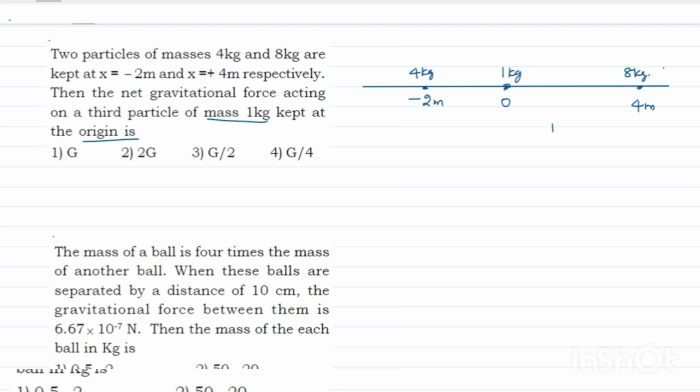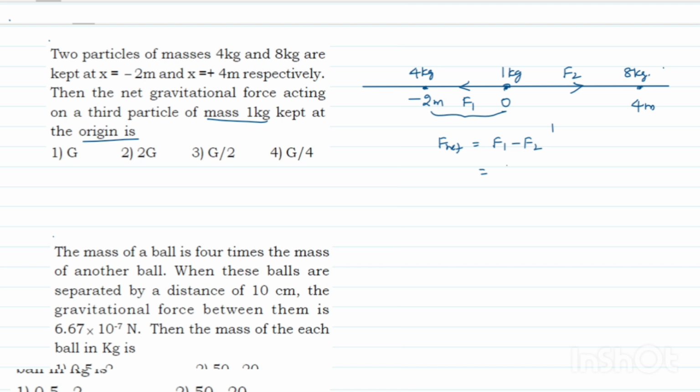This 1 kg mass is attracted by the 4 kg mass along this direction, let us take it as F1. And the 1 kg mass is attracted by the 8 kg mass towards the right side, let us name it F2. Now the distance is less between the 1 kg and 4 kg masses, so the force will be more. So the magnitude of the resultant force will be F1 minus F2.